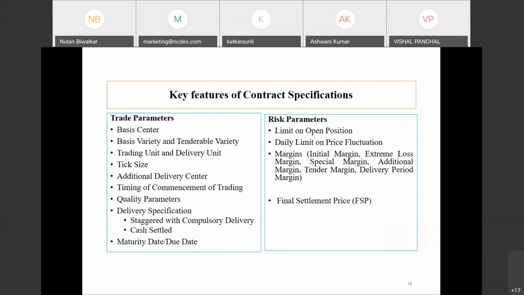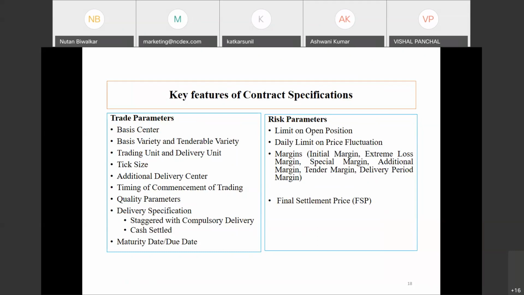And it should not be so broad that the buyer may be driven away from the market, or there may be uncertainty for the buyer about where the delivery is coming from. So the contract should be liquid and render all the services expected from it, meaning both the buyer and seller come together and freely trade in that market.